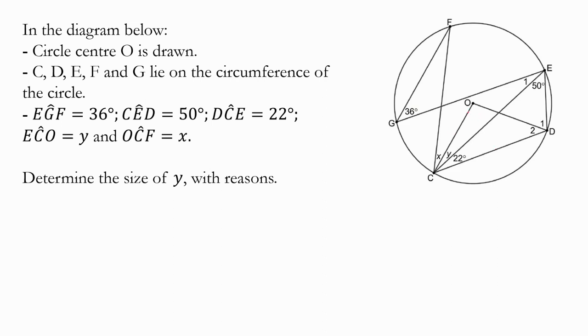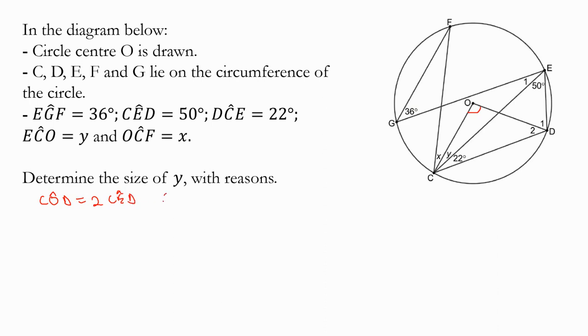Angle COD is going to be 2 times angle CED. Let's just write that. Angle COD is equal to 2 times angle CED. Why?